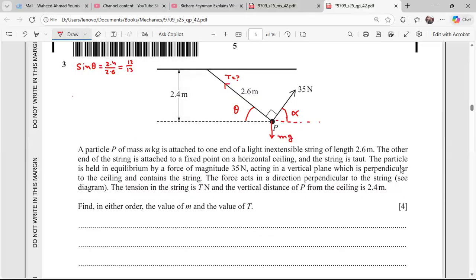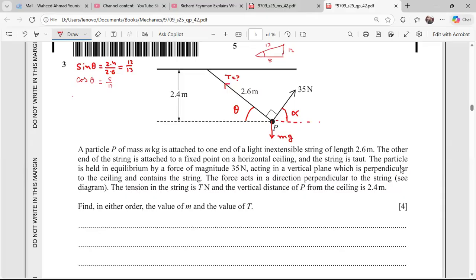Now imagine there's a triangle where this side is 12 and this is 13. Only then will the sine of this angle be 12 over 13. Now, using Pythagoras theorem, the third side is 5. So cosine of theta would be 5 over 13.